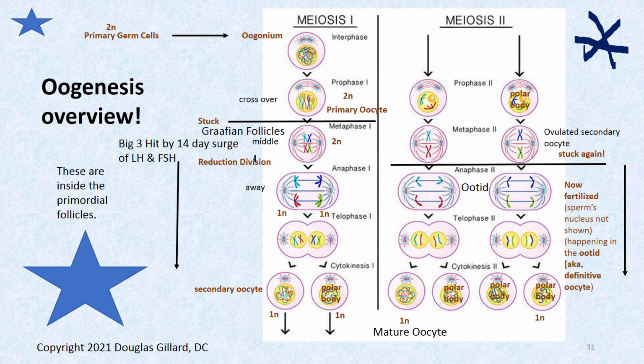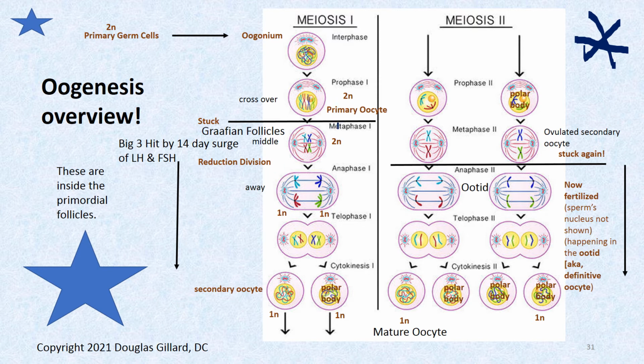And then we said that these can stay with you for 40 years stuck as a primary oocyte in the ovary. After about the age of 12 or so, every month a bunch of them, maybe 50 of them, wake up, and that starts the great race.